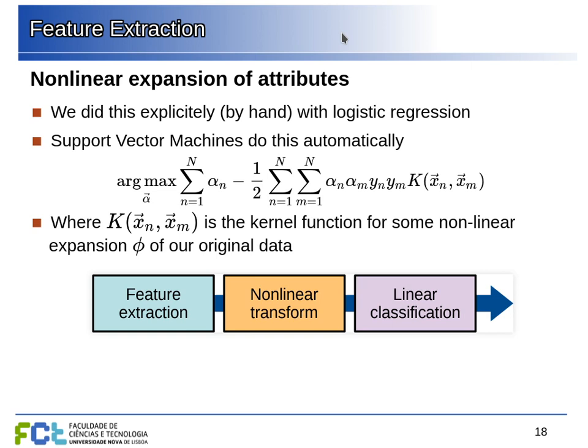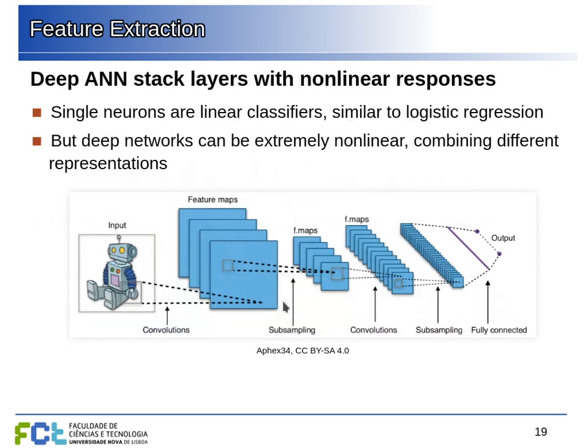So we saw this idea of the power of nonlinear expansion when we looked at support vector machines, for example, where the ability to transform the data into a different representation allows us to solve classification problems that otherwise could not be solved with a linear classification. But with deep artificial neural networks, these layers of nonlinear responses are all learning the sets of parameters that they need.